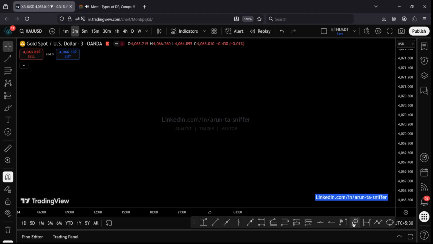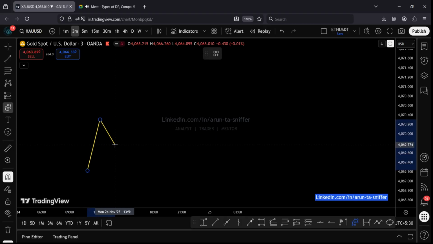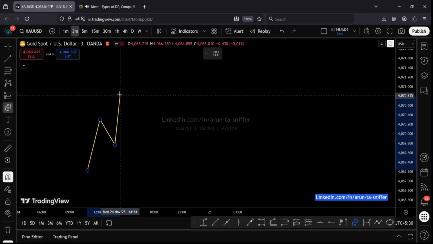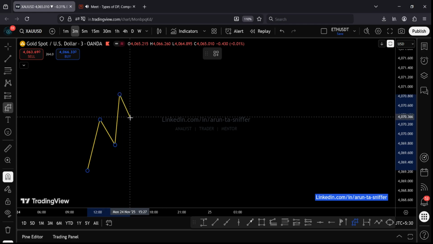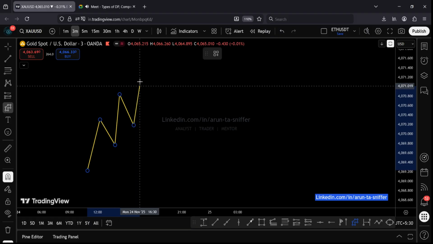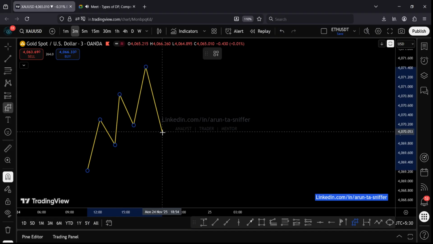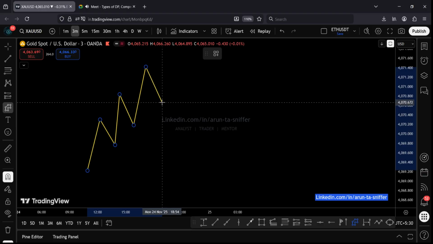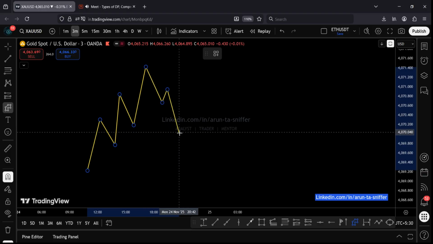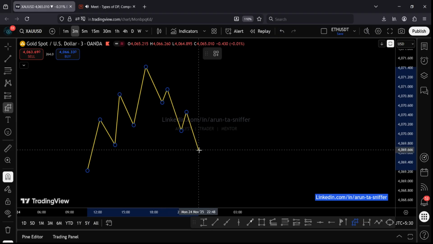Like this, when price goes up, comes down, goes up, comes down, goes up, then this one is LSK and this one is another LSK, and it comes down, right?